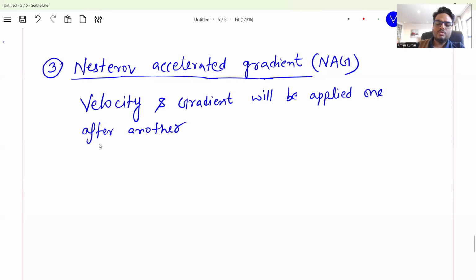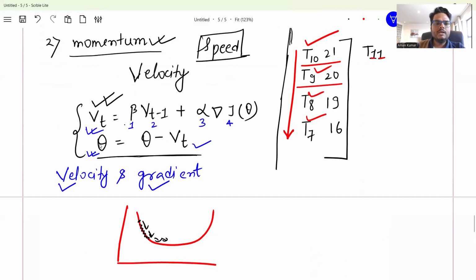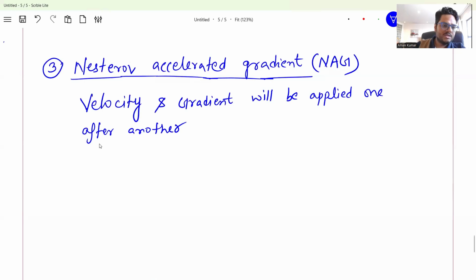In momentum, your velocity and gradient are applied at the same time, because you are calculating the velocity and then just updating the weight. But here, there is a concept of look ahead weight.